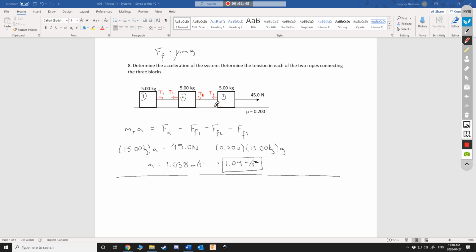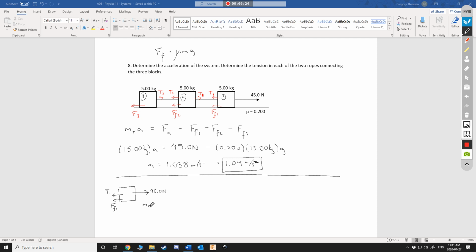There's also this force of friction 1, force of friction 2, and force of friction 3. So when I look at the first block, it's being pulled forward by 45.0 newtons, and there's some T1 pulling backwards and some force of friction pulling backwards as well. So this 45 newtons is overcoming both the tension and the force of friction to cause this whole system to accelerate at about 1 meter per second squared.